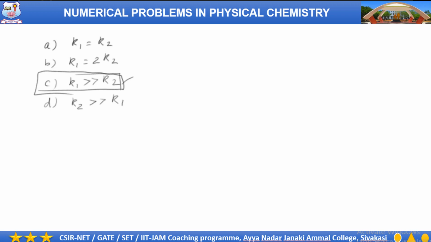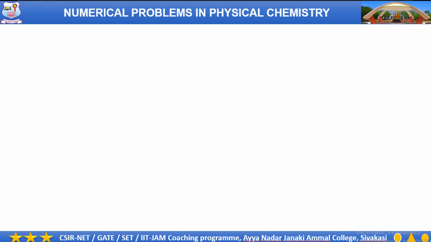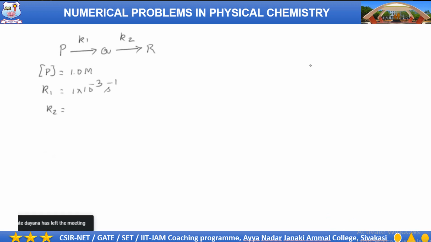For the reaction of the type P giving Q with K1 and R with K2, given that the concentration of P is equal to 1 molar, K1 is equal to 1 into 10 power minus 3 per second, K2 is equal to 1 into 10 power minus 4 per second.